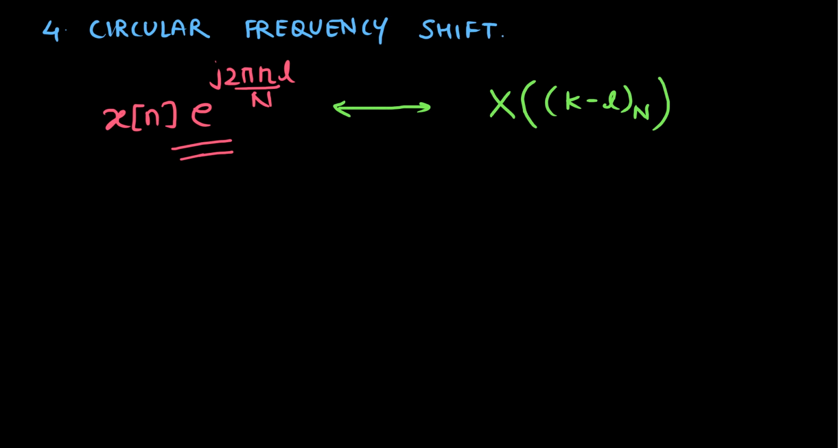Then we saw that if we have circular shifting in the frequency domain, we again get a complex exponential in the time domain but with a positive sign.